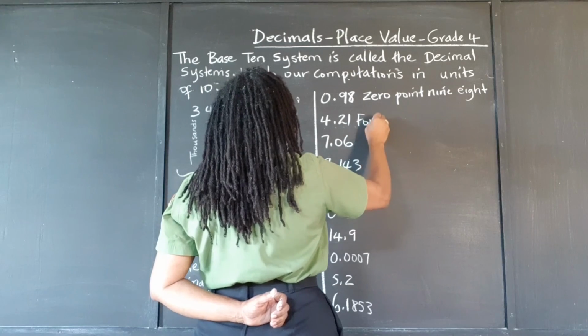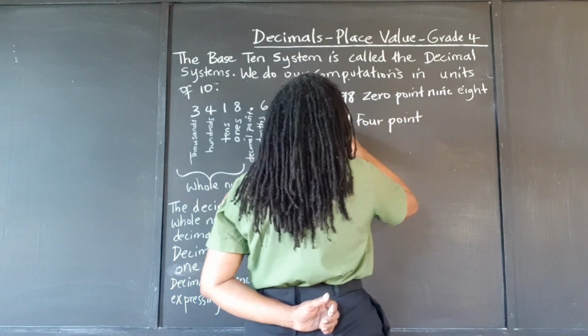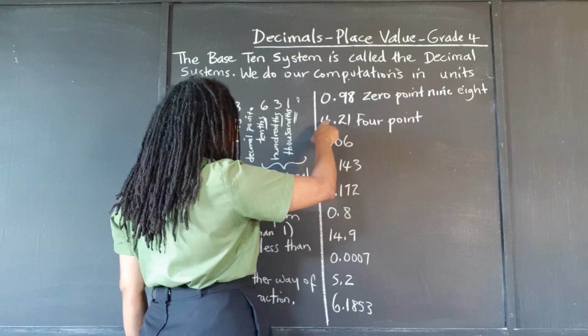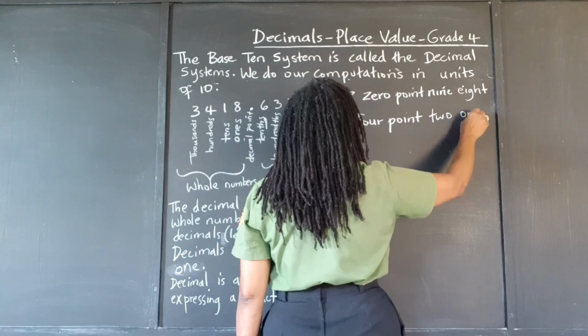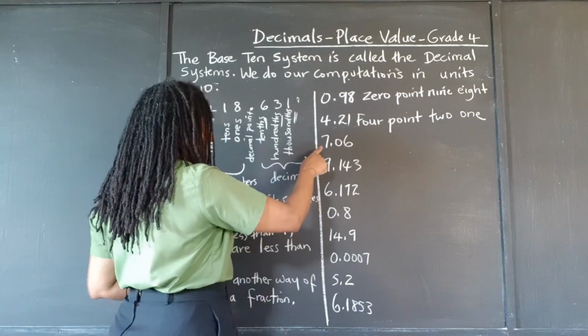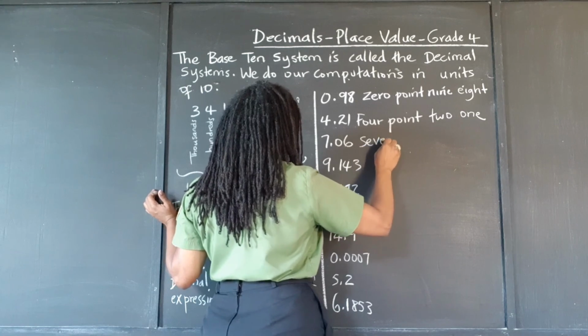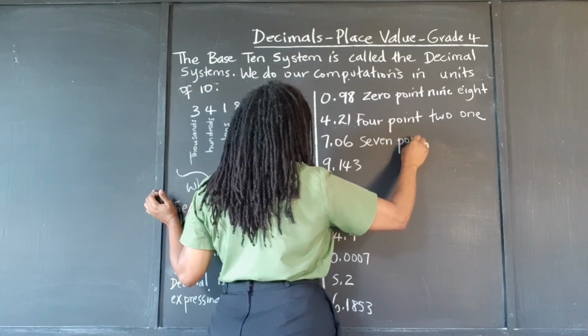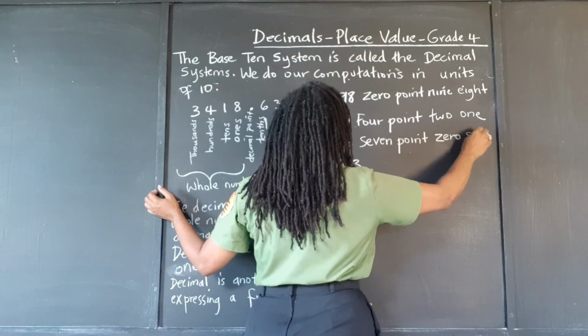So that's 4 point 2 1. So the point tells us where the decimal point is. Then 7.06, 7 point 0 6.